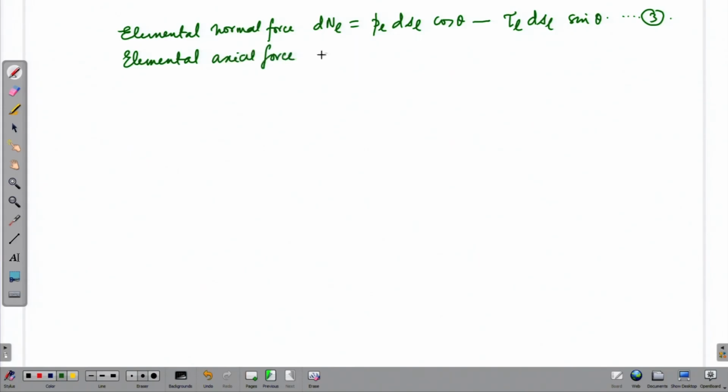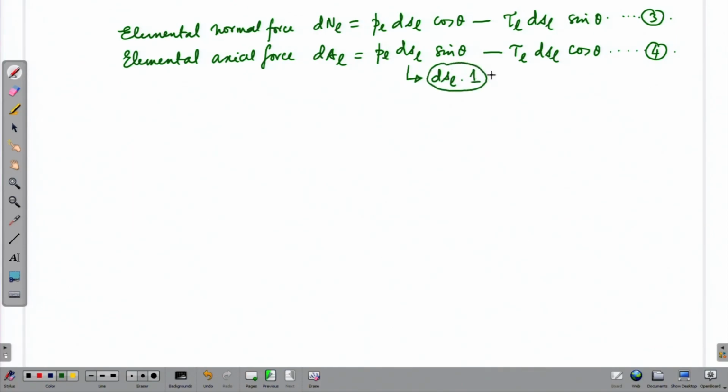So, we have these two equations for elemental normal and axial forces, where the pressure on the lower surface is indicated by P L, shear stress by tau L, and pressure and shear stress they work on elemental area, where though it shows up as a length, as we mentioned earlier, it takes care of the area aspect by considering unit span. So, what you get out of this essentially is an area. So, dimensionally they are consistent.